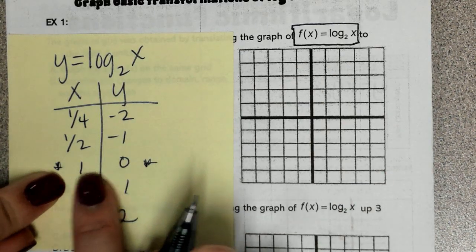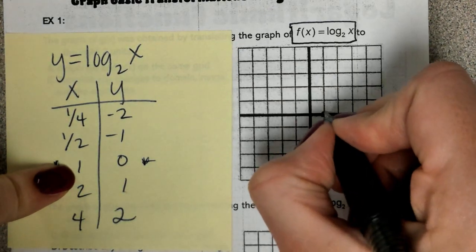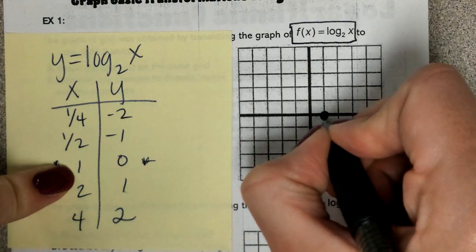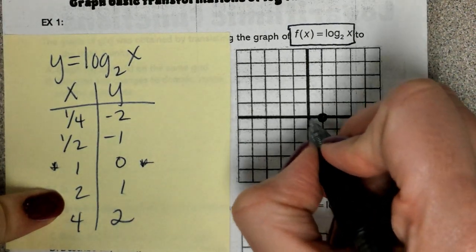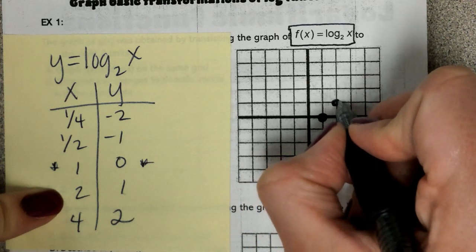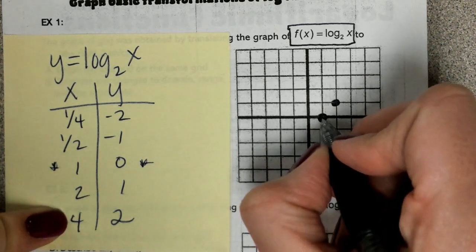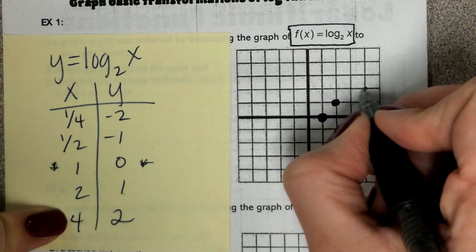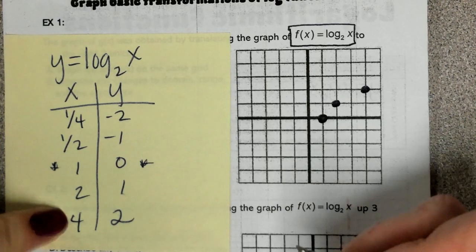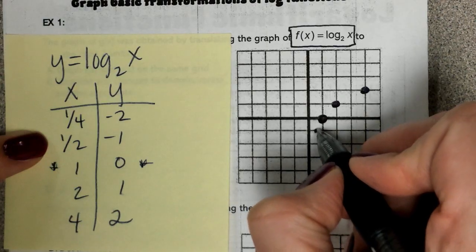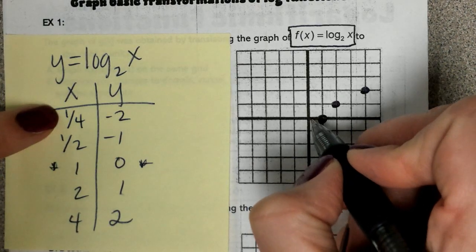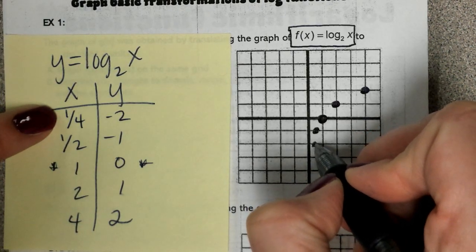I always like to start with the intercept just because it's the easiest point because it's always in the same spot. (1, 0), (2, 1), (4, 2). And then on the other side of my intercept, I have (1/2, -1), (1/4, -2).